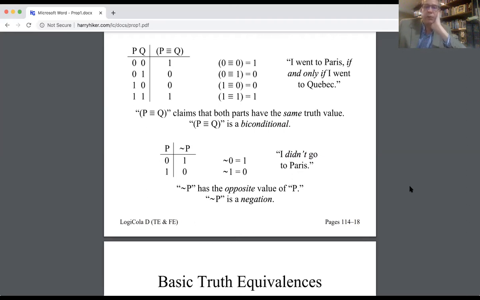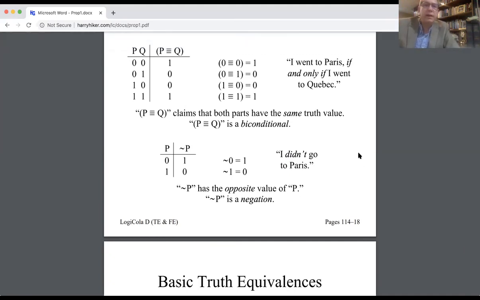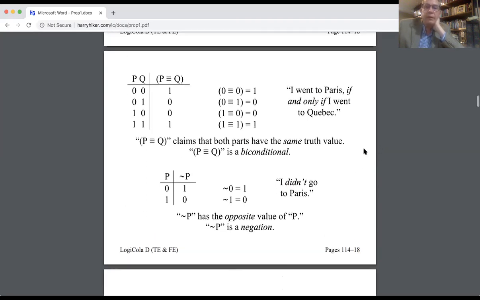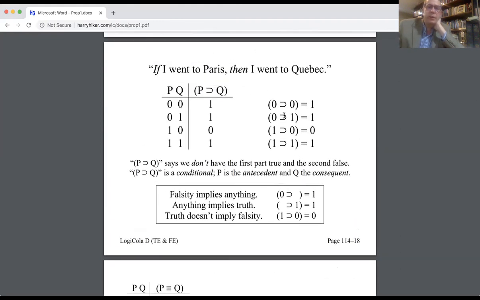Okay, so your work for this week is really just taking you through these basic truth tables, and then asking you to work with them a little bit in determining the truth value of a statement, given the truth values of its parts. So let's look one more time at that tricky conditional so that we don't forget it.